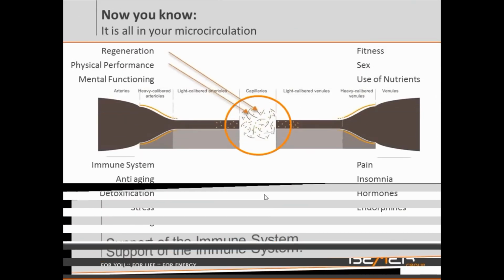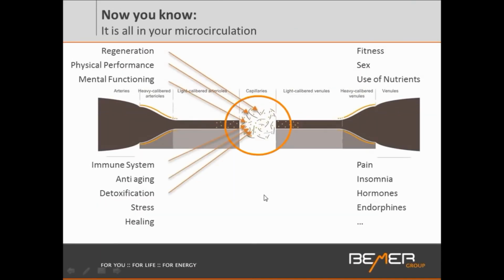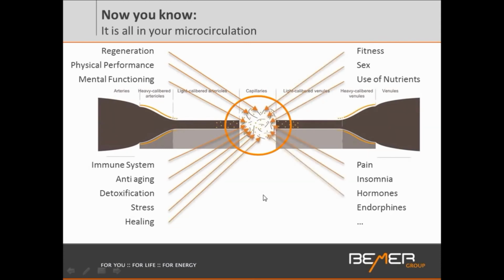That's quite remarkable. Every cellular function in your body will depend on that. From mental clarity, our immune system functioning, sex, pain, healing, regeneration, you name it. Everything depends on these exchanges occurring. And it can only occur with good vasomotion, and this is exactly where the BEMER shines. It's a singular technology that has an impact here.